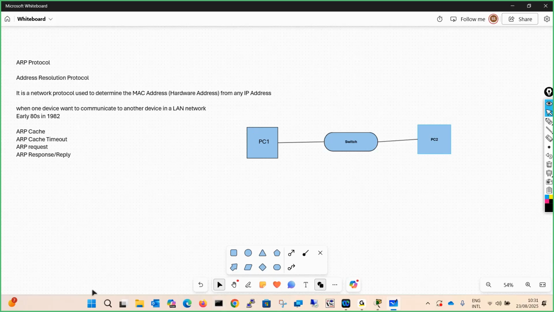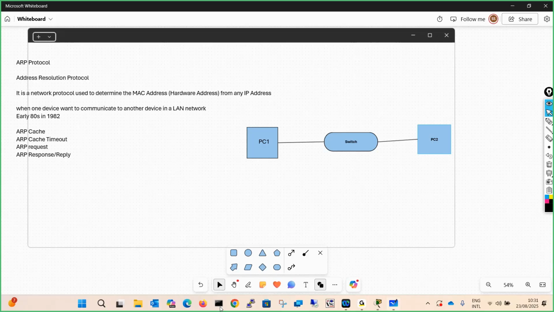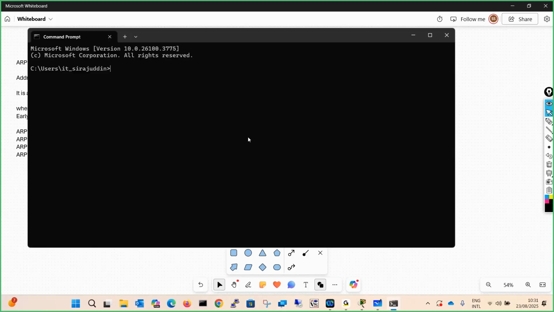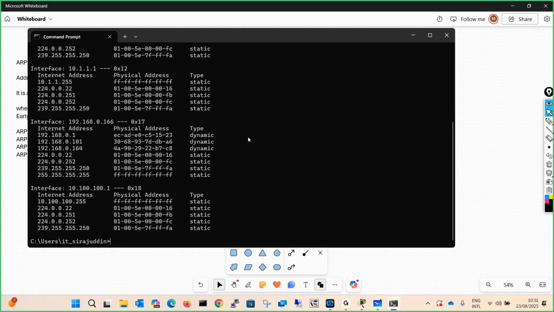Everyone, just open the command prompt in your PCs and give the command arp -a. You will see that the command displays a list of IP addresses and their corresponding MAC addresses that your computer has recently communicated with over a local network.